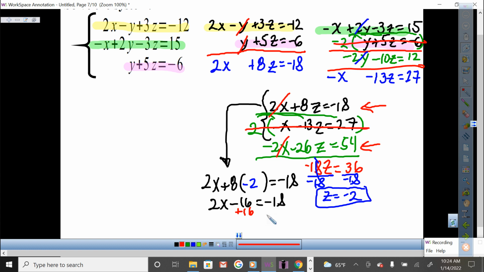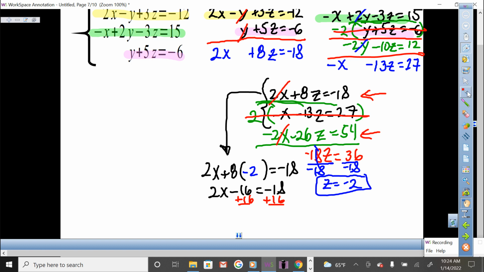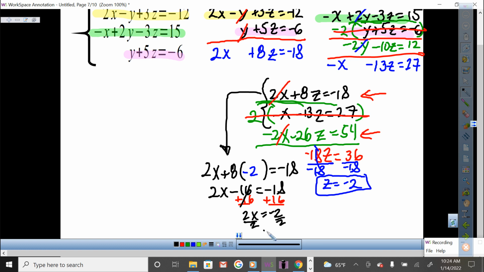Plus 16 plus 16, that gives us, let's see, this cancels. We've got 2x equals negative 2, divide by 2, x equals negative 1. Is that correct? Yeah? Okay.